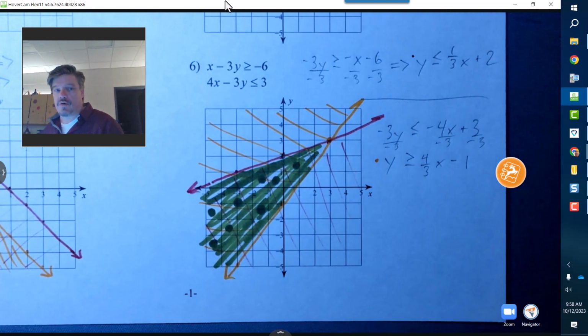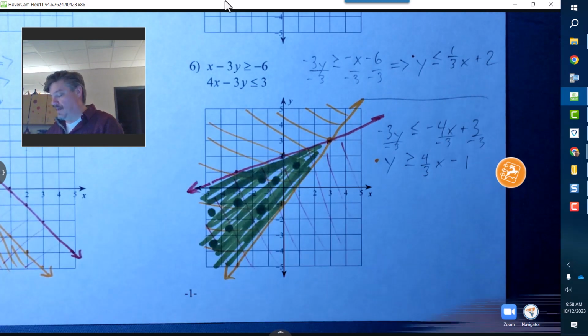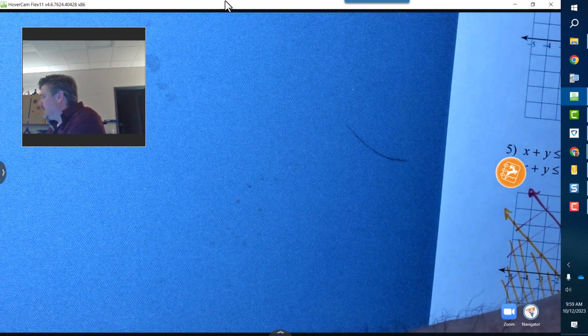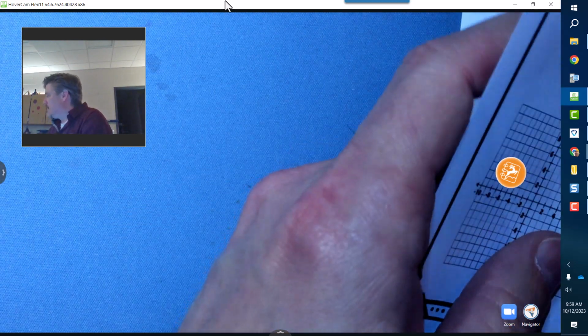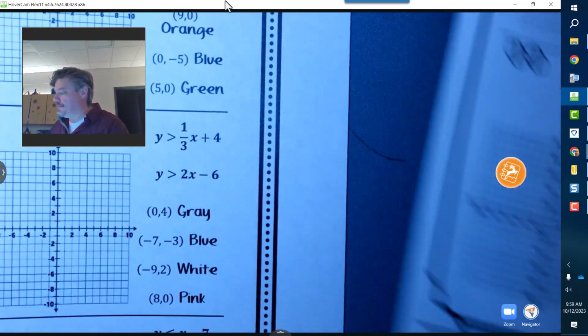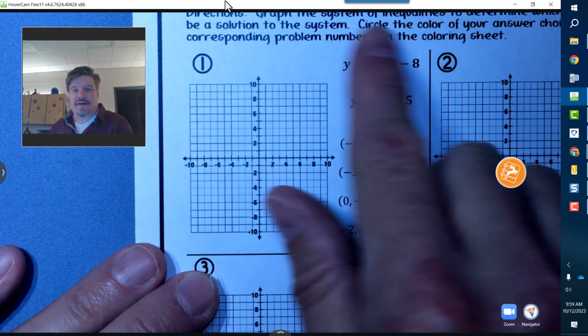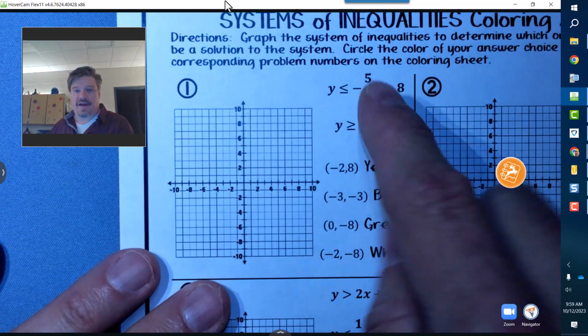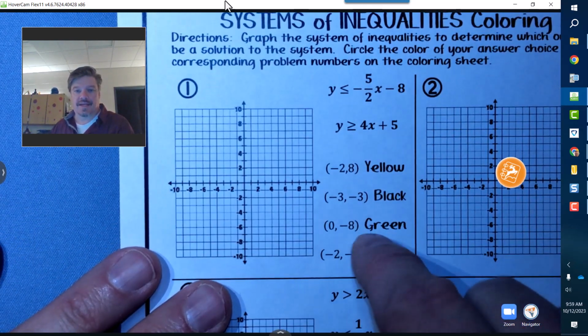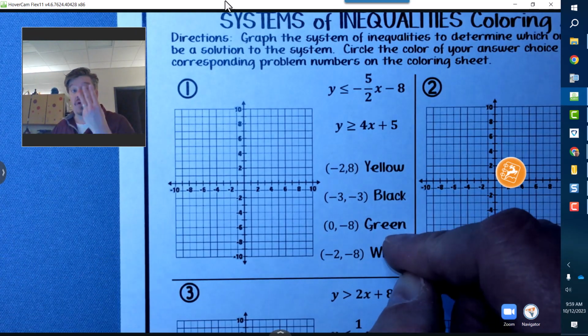So if you're ever asked, like you will be in your classwork, is it a solution? This is what you're going to work on as soon as you guys are done here. You're going to graph these, and then you're going to find out one of these is going to be a solution. The other 3 will not.